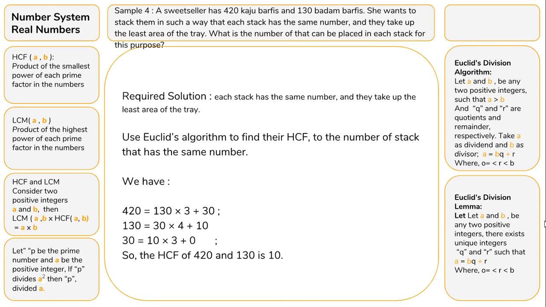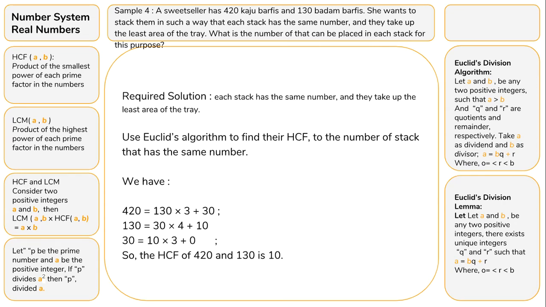Use Euclid's algorithm to find their HCF. Finding the HCF leads to remainder 0 when the divisor is 10, so the HCF of 420 and 130 is 10. That is the number in each stack.